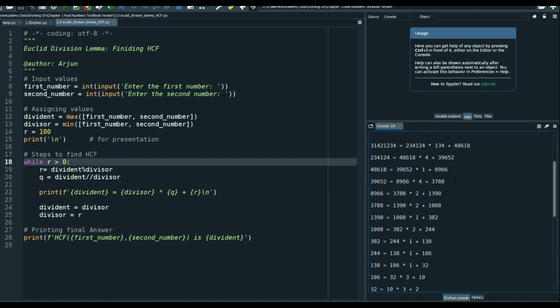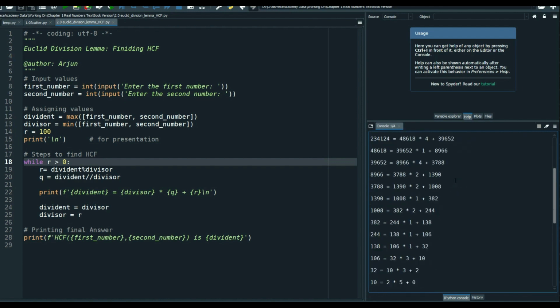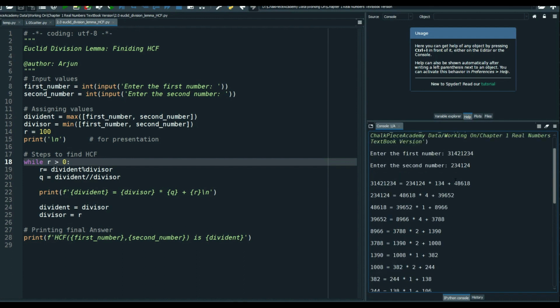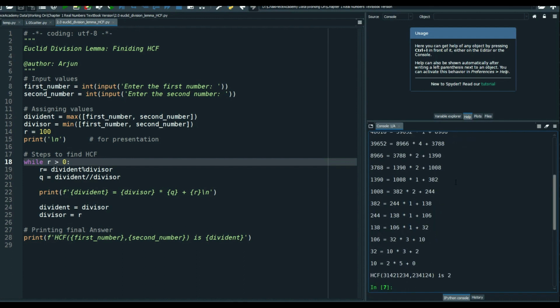Quite a few steps. It's a lot of steps, but it did it within a fraction of a second. That's the power of coding, right, guys? So yeah, same procedure. We'll look at a few more examples, and you guys are done. Till now, whatever we spoke of, those are the confusing parts of this chapter. If you're able to get this, you are done.